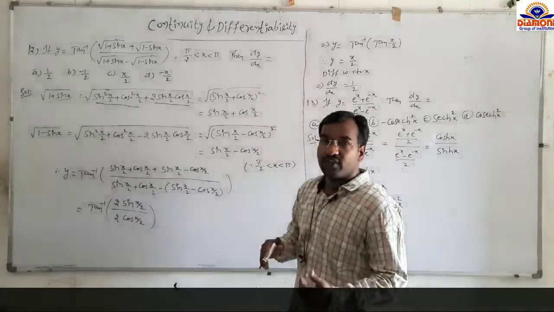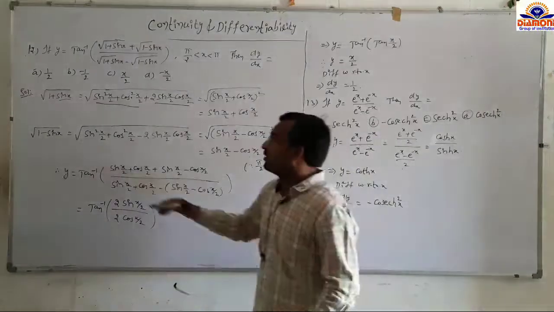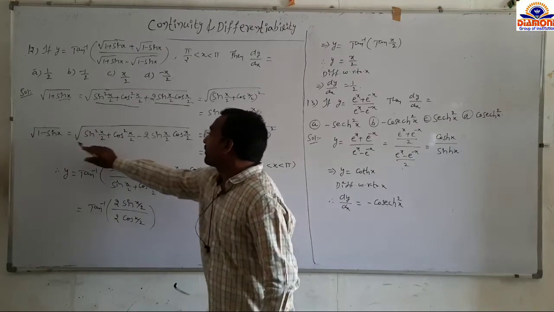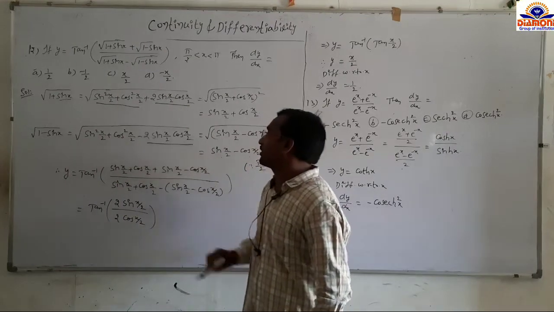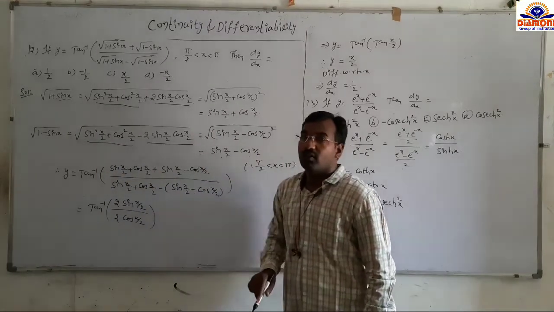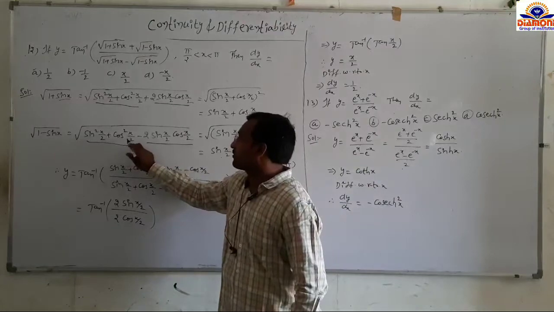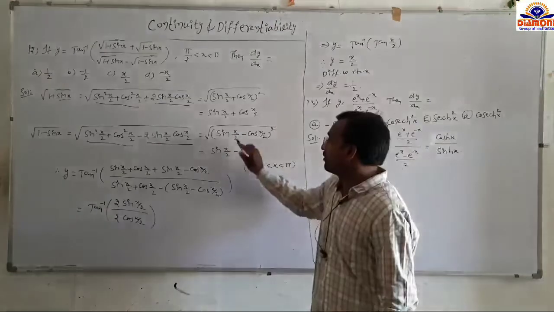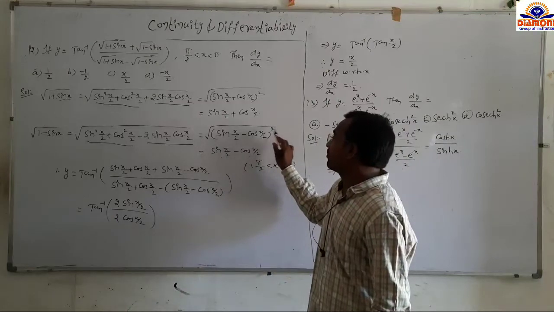Next, similarly write for root over 1 minus sin x. Root over 1 minus sin x equals root over, again sin x is 2 sin x by 2 cos x by 2, and in the place of 1, sin square x by 2 plus cos square x by 2. This is the form a square plus b square minus 2ab, which is a minus b whole square. So (sin x by 2 minus cos x by 2) whole square root.